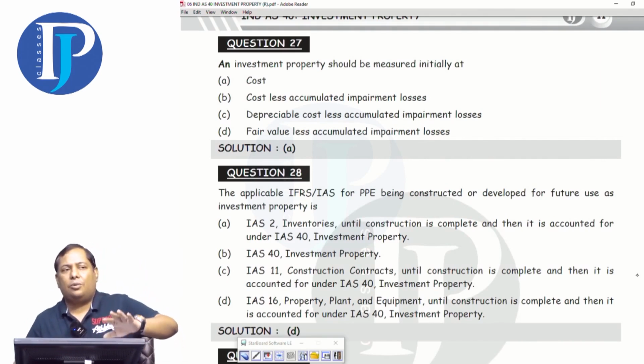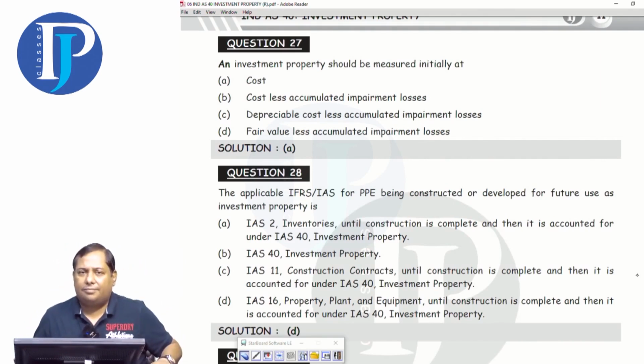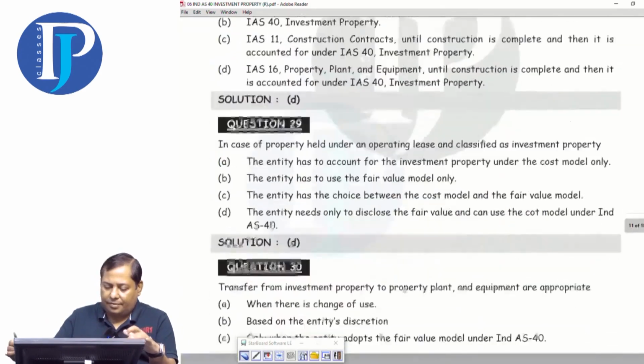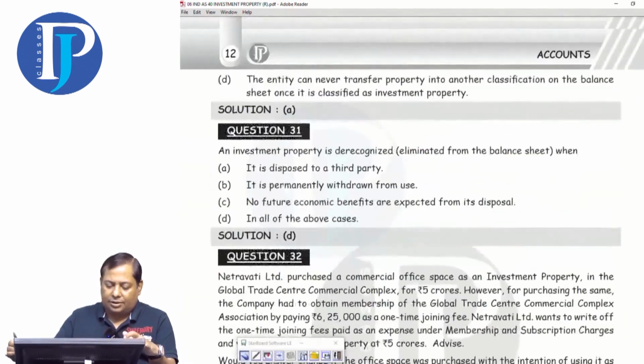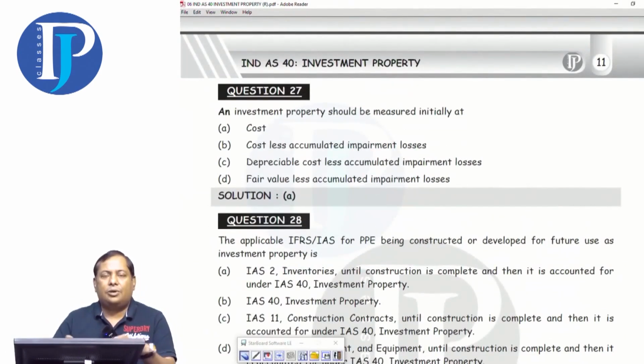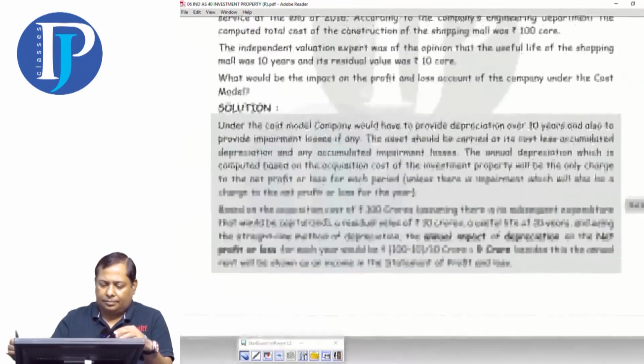However, I will make you do the MCQs in a separate folder. We are not doing it now. Understood? You will get a separate folder for MCQs. Separate booklet. So questions 27, 28 and 29, 30, 31, these are some MCQ questions. I want you to keep a hold on these MCQs. We will do them later. You can read it yourself. I have no problem with that.